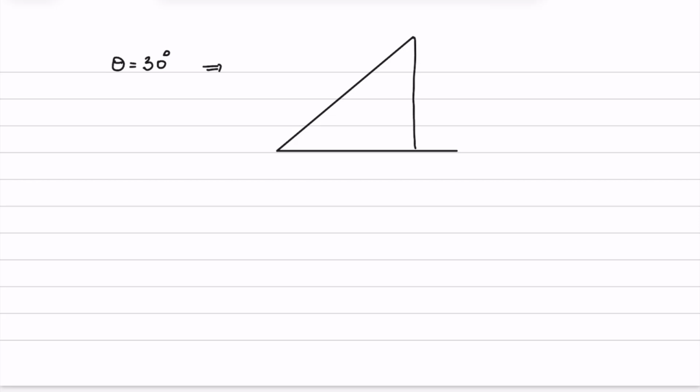It is not to scale. Don't worry. Concentrate on the values of theta only. If this theta is 30 degrees, this will be 60 degrees. This will be 90 degrees. This is O, this is A, this is B.